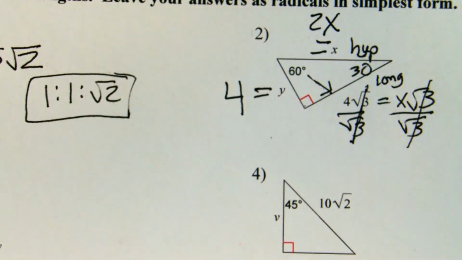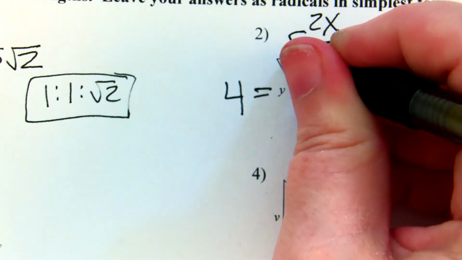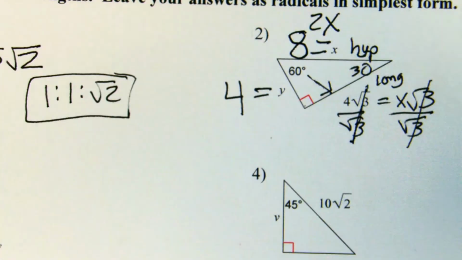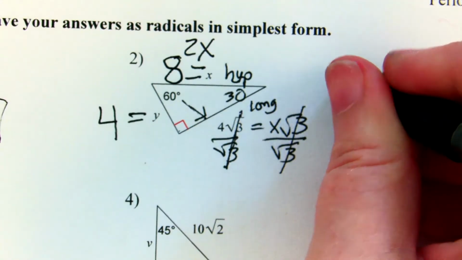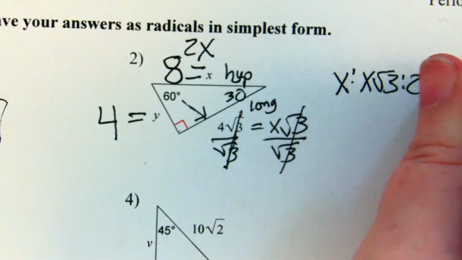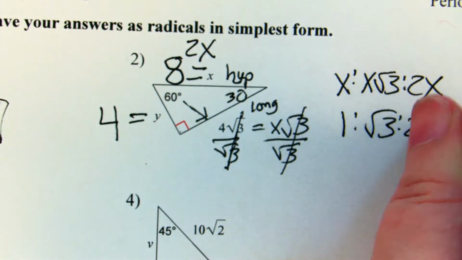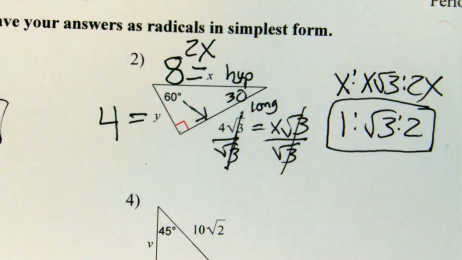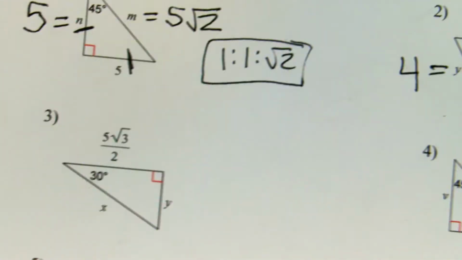So if x is 4, what's the hypotenuse? 8. And the ratio of the sides is x, x rad 3, 2x, or 1, rad 3, 2. That's the ratio of the sides for a 30, 60, 90 triangle.